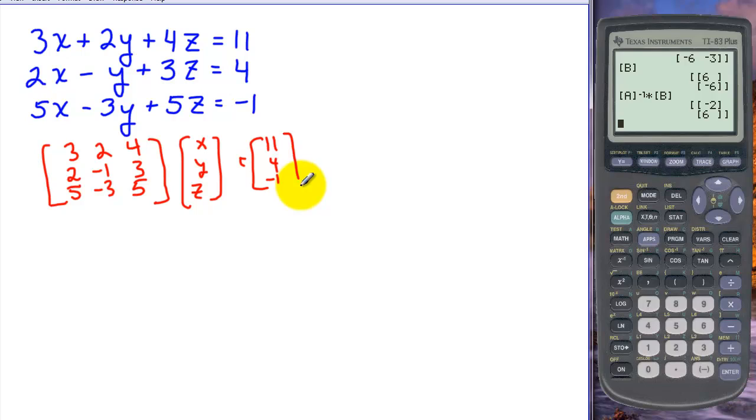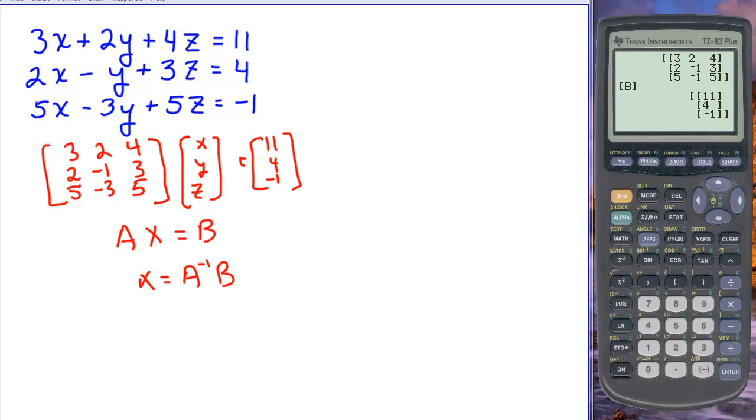So this is the matrix equivalent of our system, and again we've got the same pattern. When we solve systems of equations using matrices, we're always going to have this type of equation, so we know from before, I'm not going to redo that matrix math, that our solution will be A inverse times B. So let me pause again here and enter our values in the calculator.